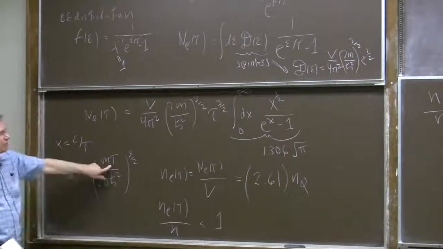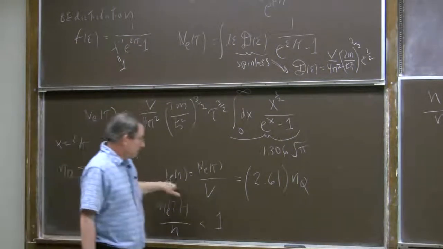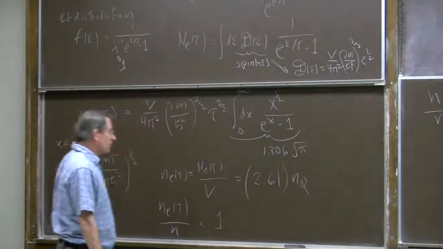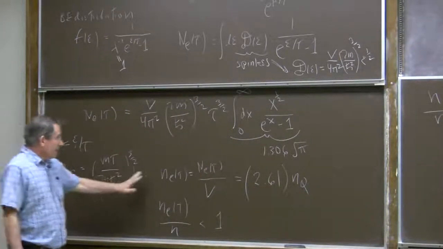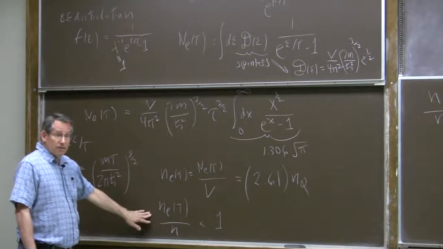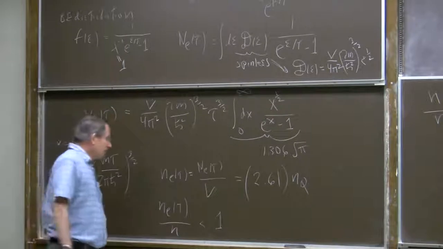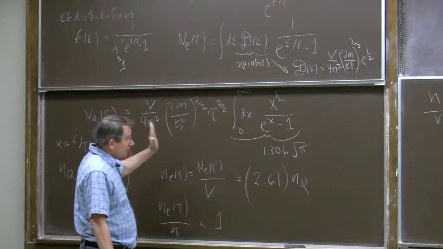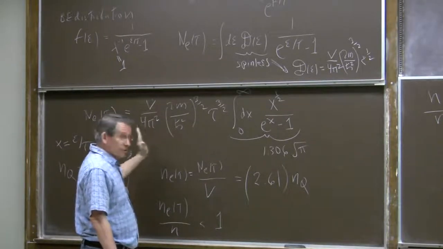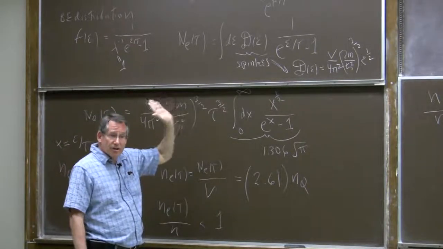Since the quantum concentration scales like temperature to the 3/2, so does the concentration of particles in excited orbitals. And when tau reaches tau Einstein, it goes to 1, and then at still higher temperatures, the concentration of particles in excited orbitals divided by the total concentration is 1.